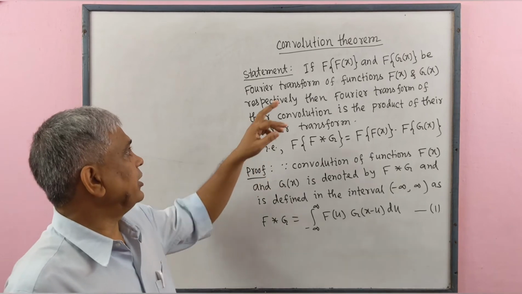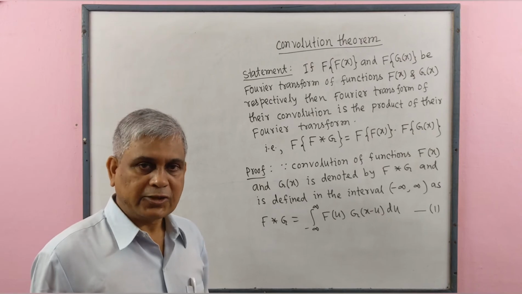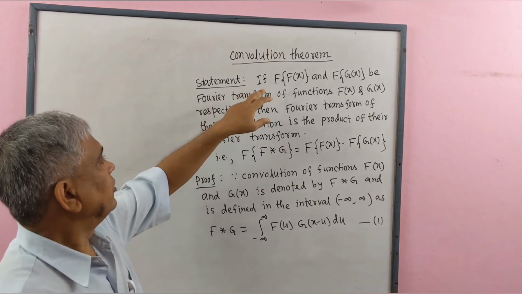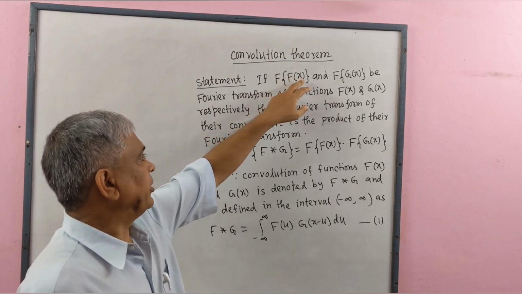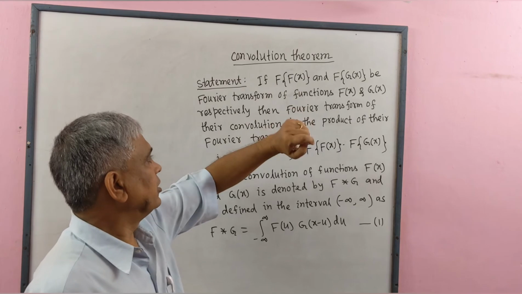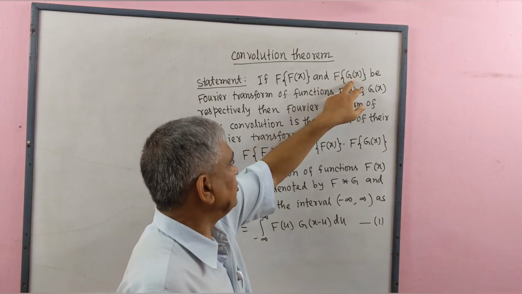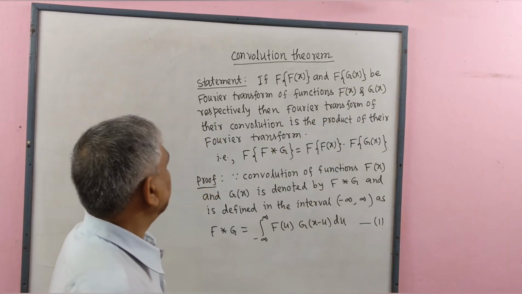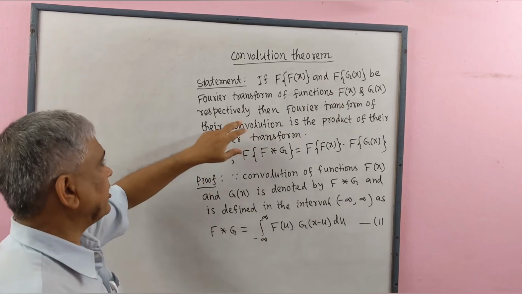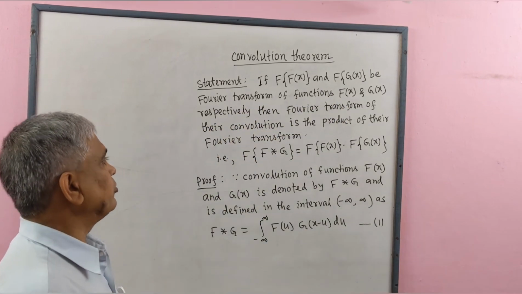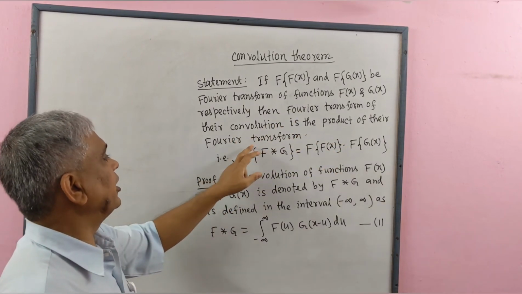Now we shall state the convolution theorem in Fourier transform. Statement: if the Fourier transformations of the functions f(x) and g(x) are F(p) and G(p) respectively, then the Fourier transform of their convolution is the product of their Fourier transforms.